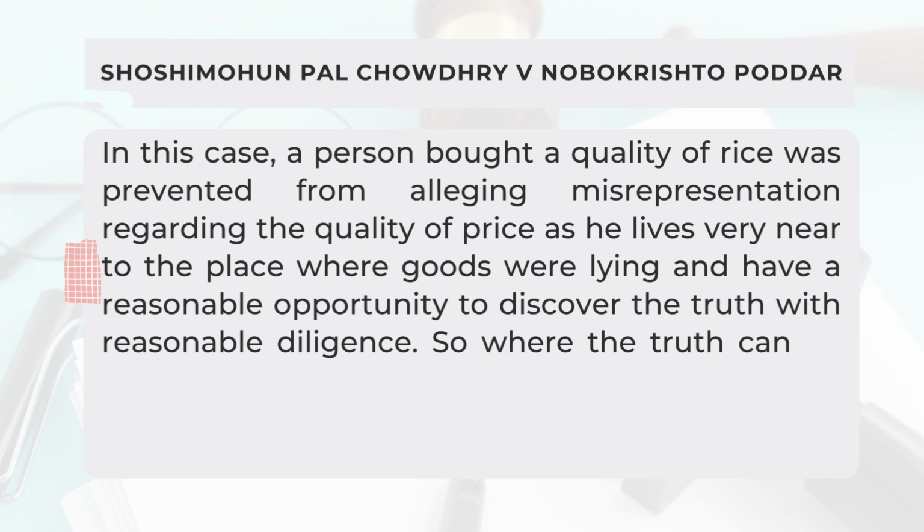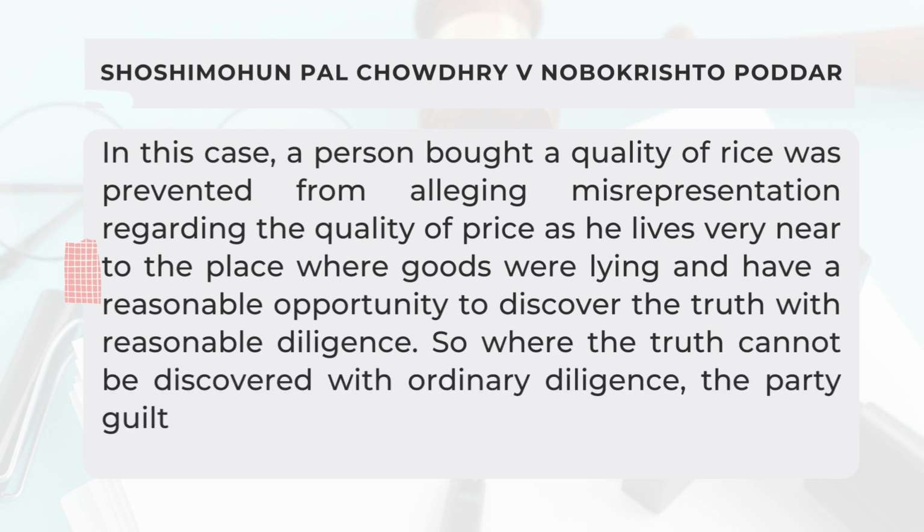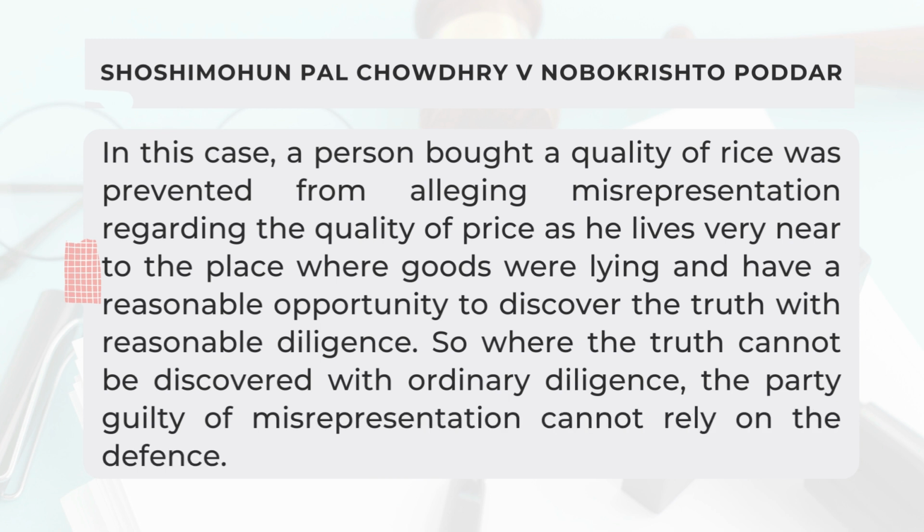So, where the truth cannot be discovered with ordinary diligence, the party guilty of misrepresentation cannot rely on the defense. But when it is very near, you could go and check out the quality of the rice, then the court believes that you had reasonable diligence to check the quality. So, here misrepresentation was not imposed.